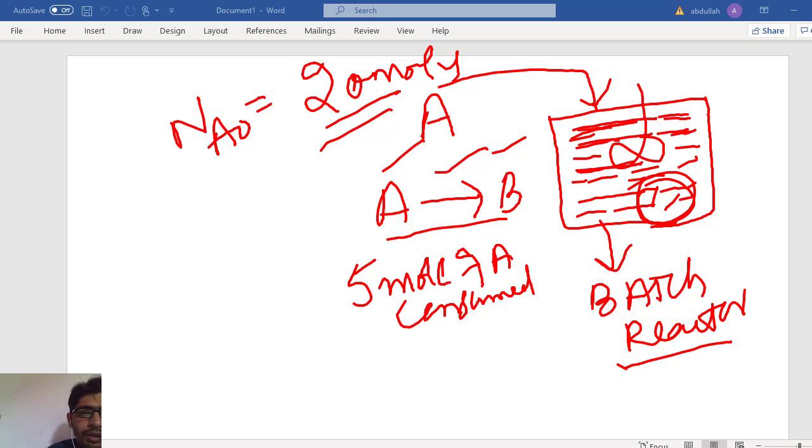So the mole consumed is denoted by N0 x, which is 5.